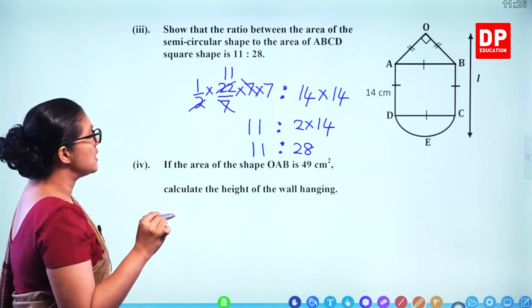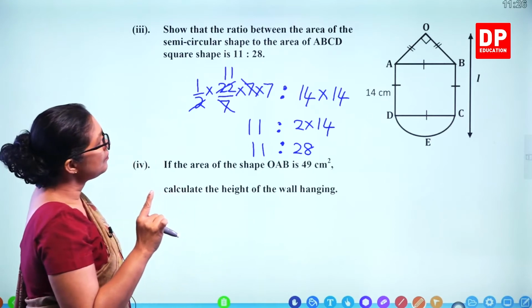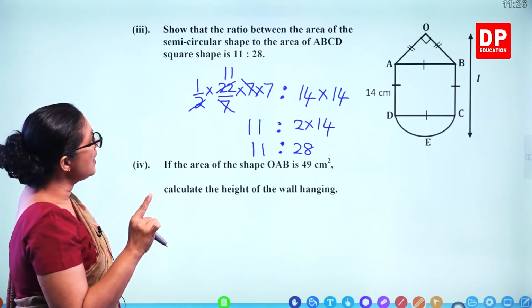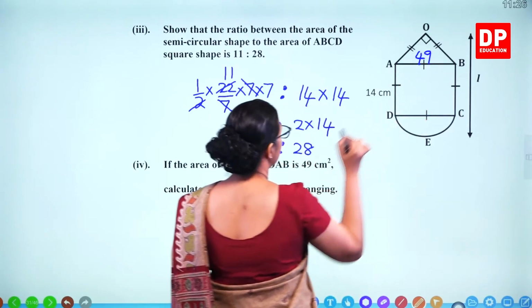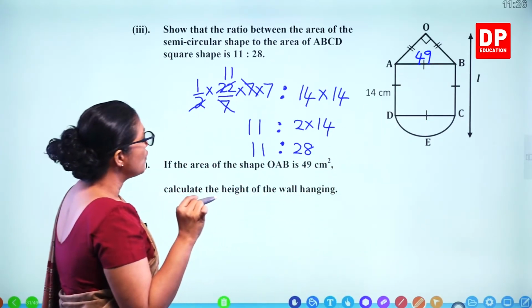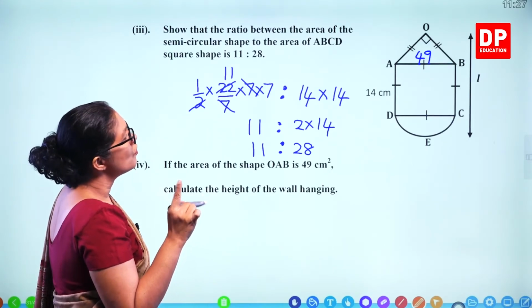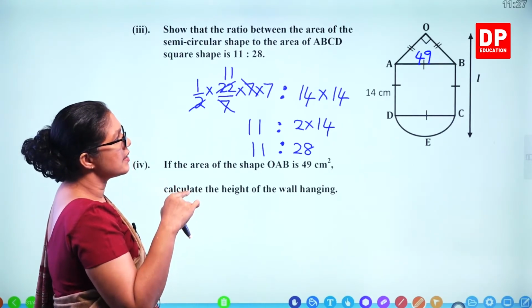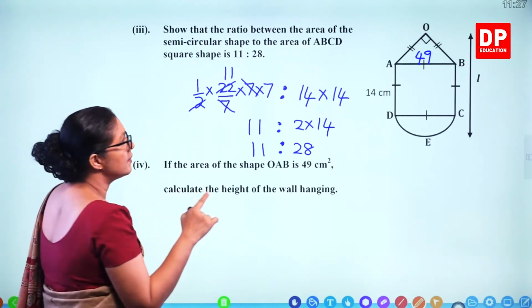And this side is 11. 11 to 28. If the area of the shape OAB is 49 square centimeters, calculate the height of the wall hanging. So we need to find out the height. We can use the area of the triangle.